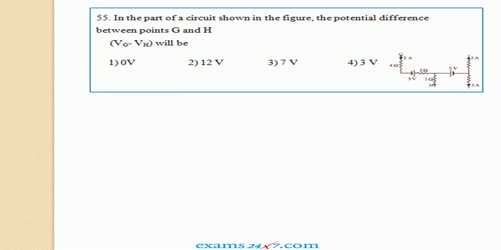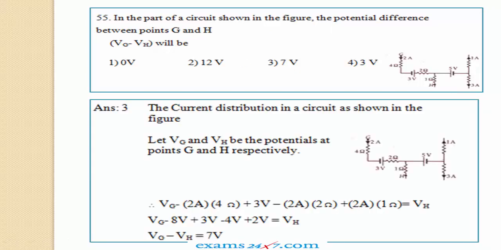Question number 55. In the part of a circuit shown in the figure, the potential difference between G and H, that is Vg minus Vh, will be. Look at the diagram and the options. The current distribution in a circuit is as shown in the figure. Let Vg and Vh be the potentials at G and H respectively. Please note that the current flows from H through 1 ohm.